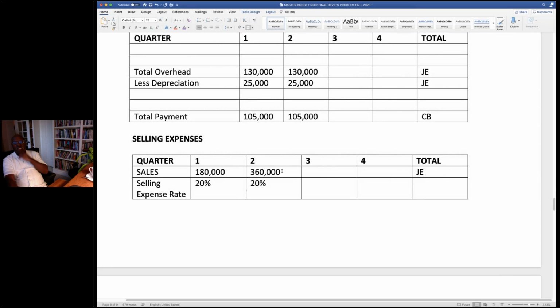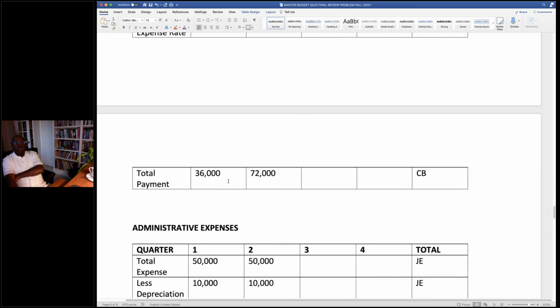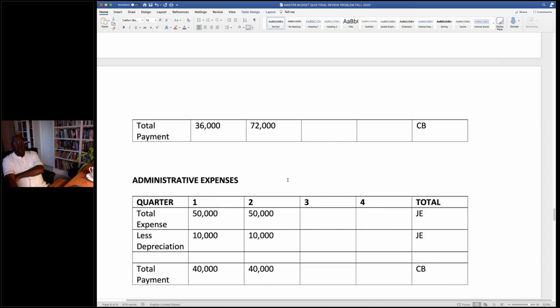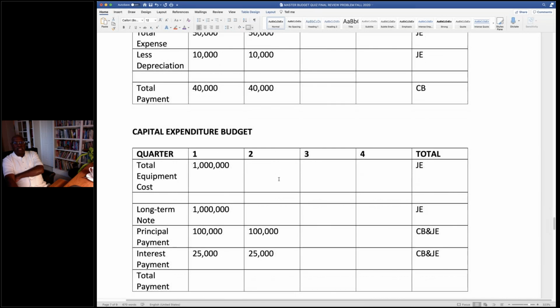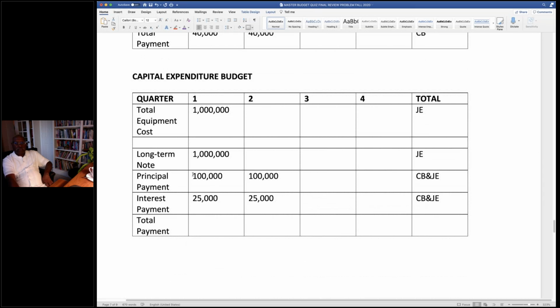Sales, we revised this to make it simpler. Sales, selling rate, total payment. Administrative expenses, you pull those right out of the assumptions. Capital expenditure, you're concerned with the principal payment and interest payment.